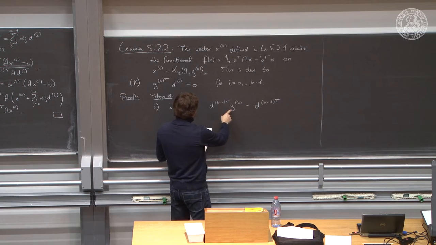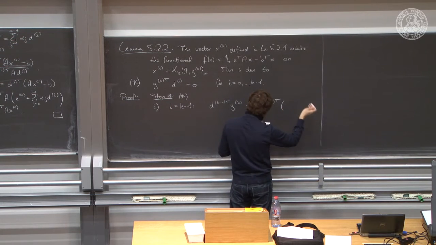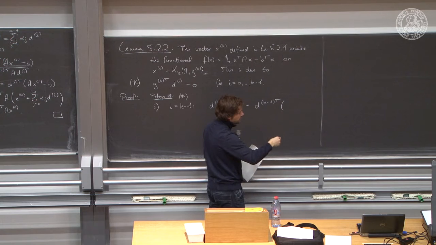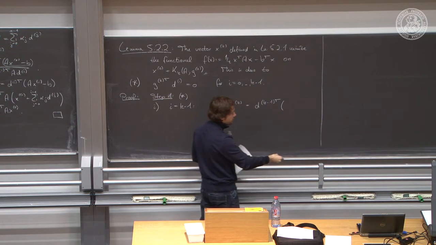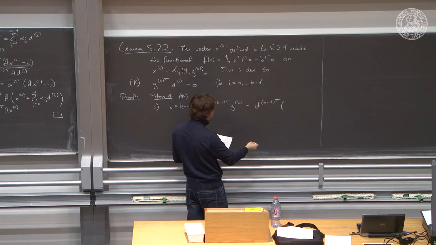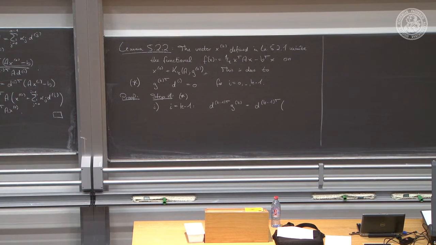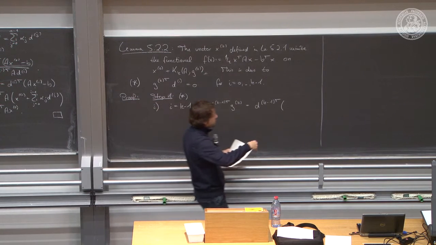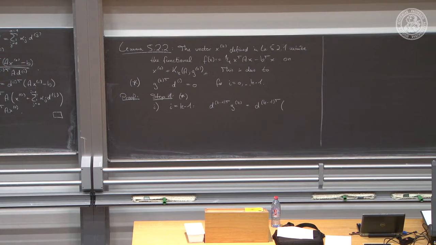So g_k is nothing but, it's the gradient of our functional, so it's the matrix A applied to our kth iterate x_k minus b, and x_k is nothing but x_{k-1} minus alpha_{k-1} times the conjugate direction d_{k-1}, and alpha_{k-1} is this term here.